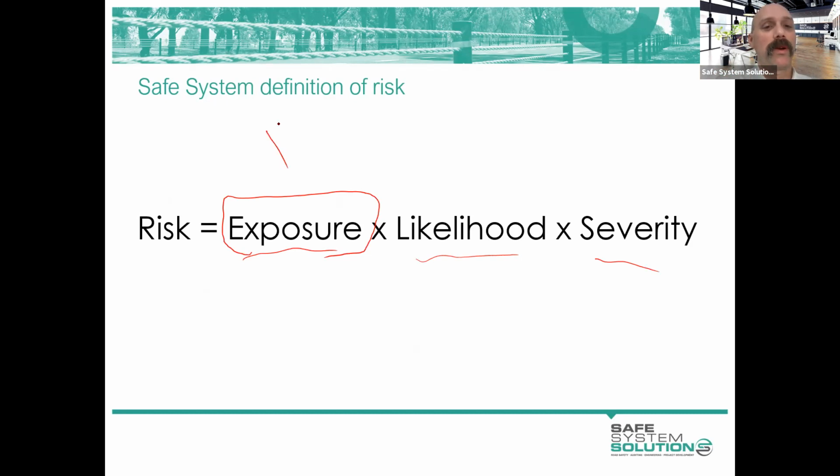So what I'm going to put there is just a little numbers symbol. A good way to guide you in knowing what an exposure is, is to think: can I quantify that with a number of pedestrians, a number of cyclists, a number of vehicles?